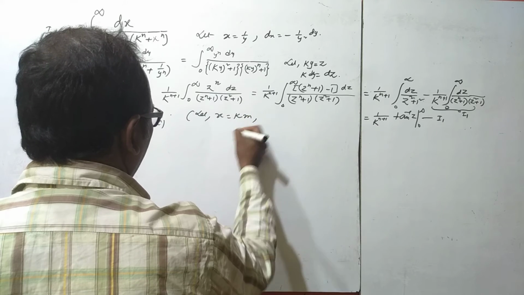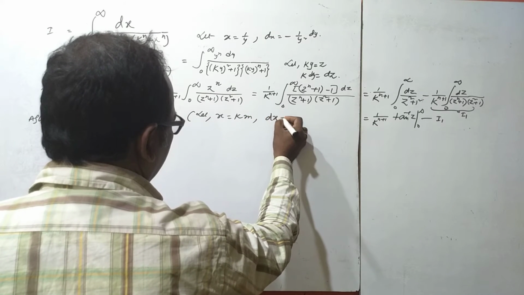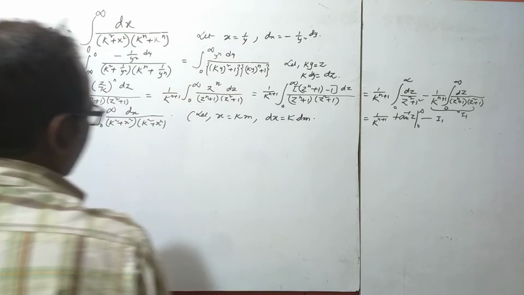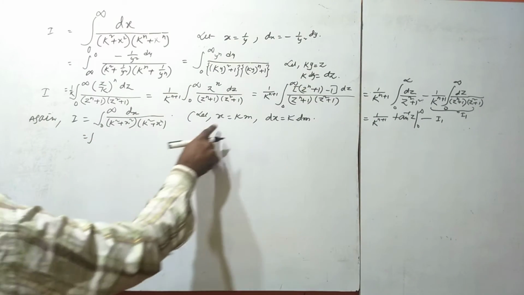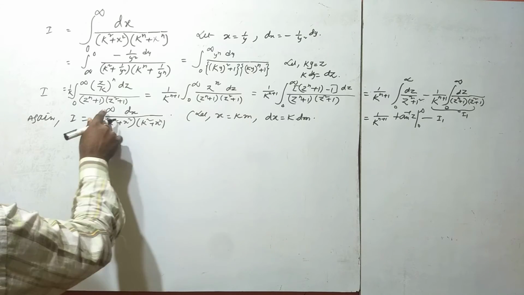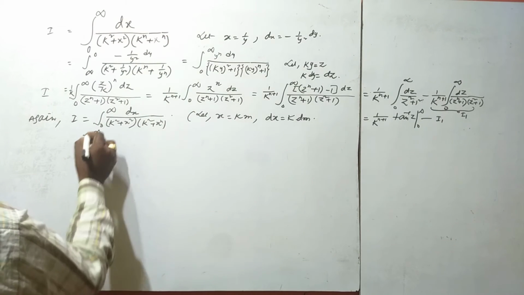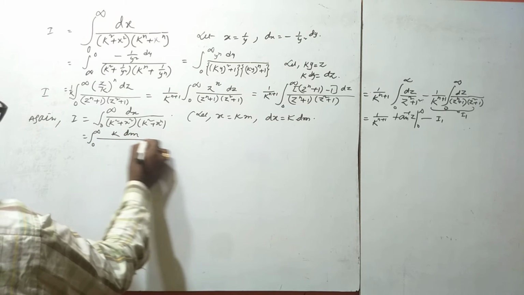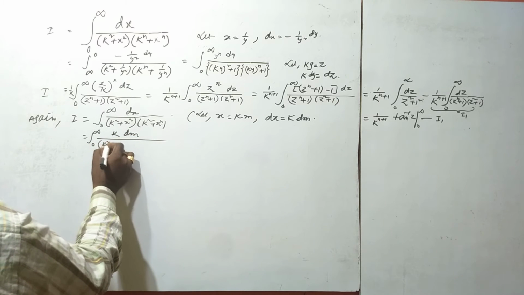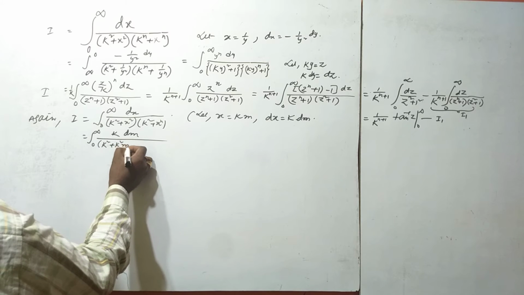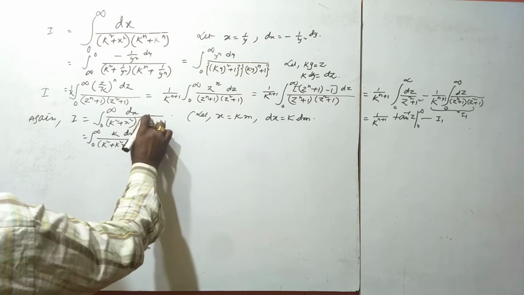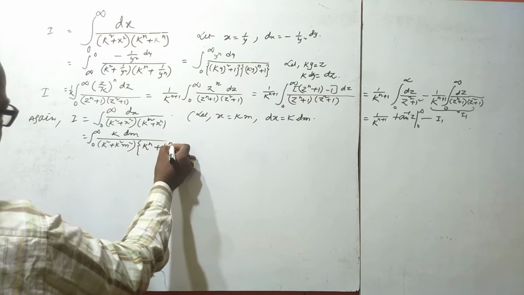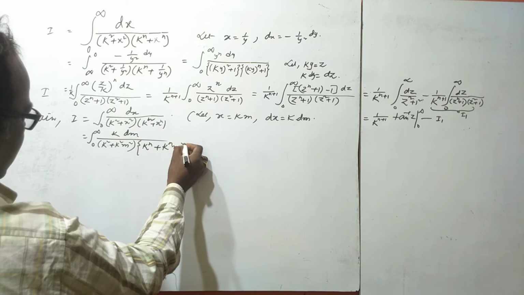If we differentiate, dx is k times dm, and for the limits, if x is 0 then m is also 0, and if x is infinity then m is also infinity. So dx is equal to k times dm, and the denominator is k square m square plus k square, and k to the power n m to the power n plus k to the power n.